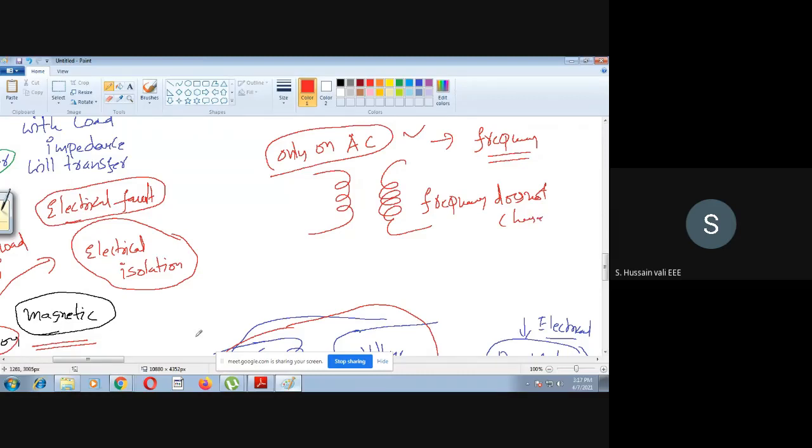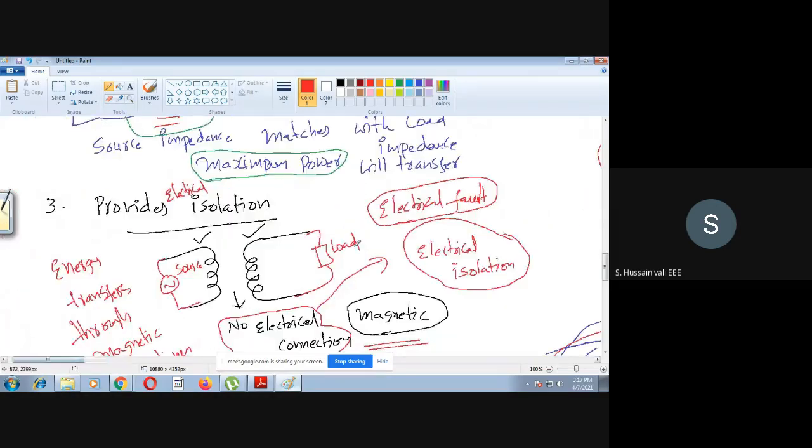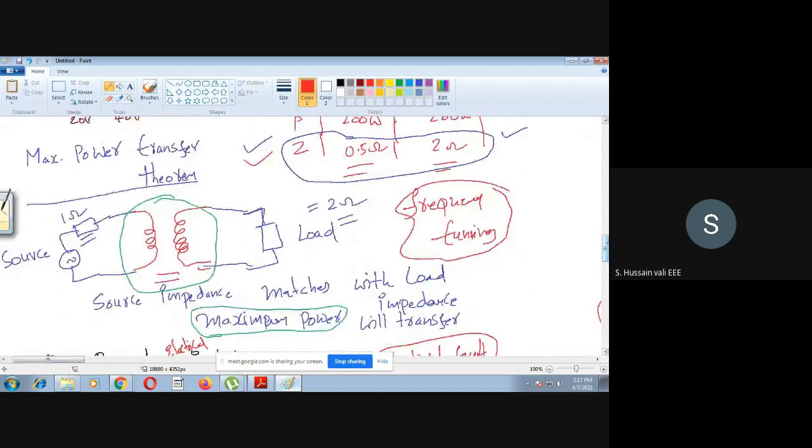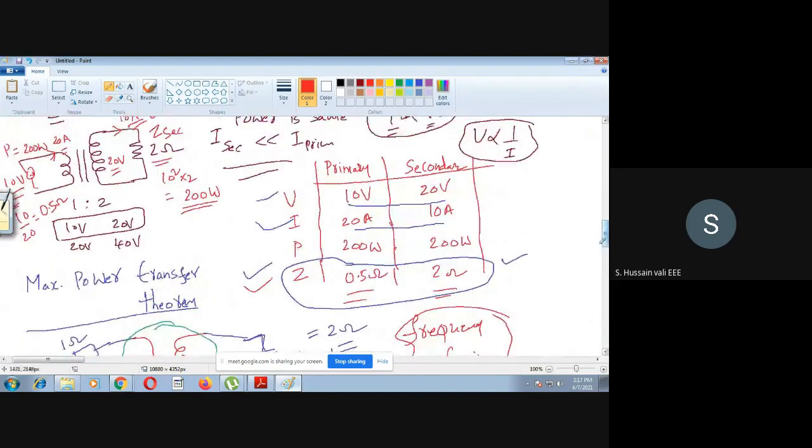Now see here, these conclusions which I said right now, you may get these step by step, one class after another. So we'll know one by one. So I will add frequency here also. Frequency, no change.